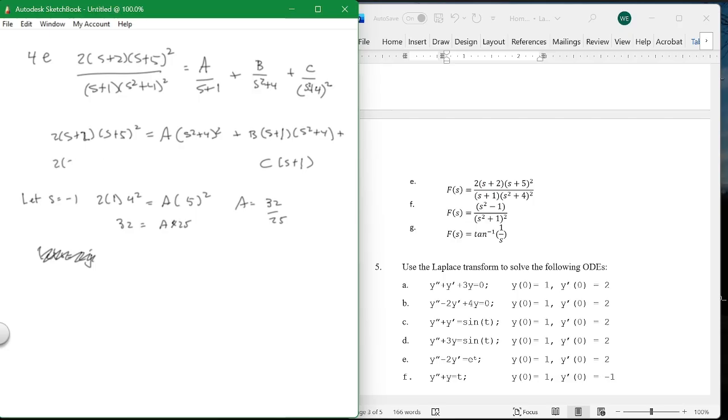This one's not easy. Plus 10s plus 25 is equal to a times this, and then b, and then you got c. And then you've got your a term, then you can get your b and your c term by looking at the balancing act of these two.